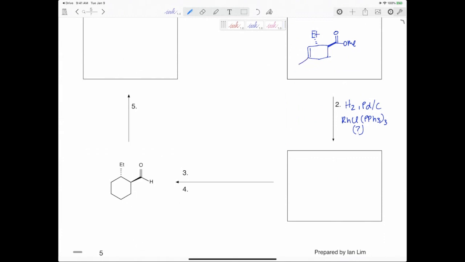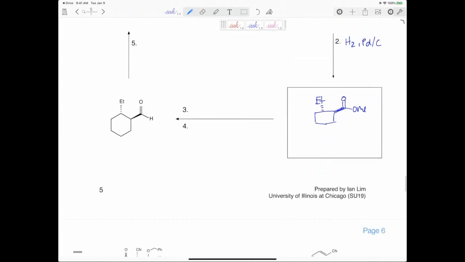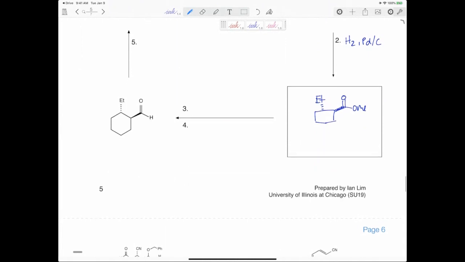Will Wilkinson's catalyst work on this? No. Okay, good. So you guys know what the conditions are, right? Anything more than 2 substituents on an alkene, it will not work. But for simplicity, let's just use palladium on carbon. And I have an ester going into an aldehyde. Exactly, Derek. Well said. That's exactly what's happening.